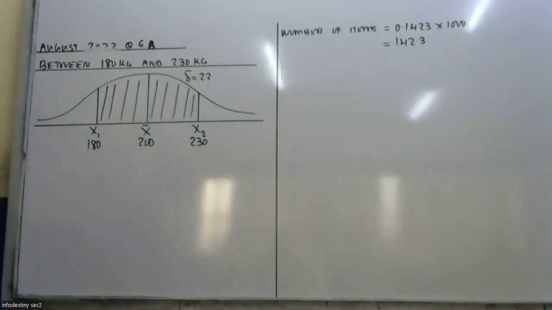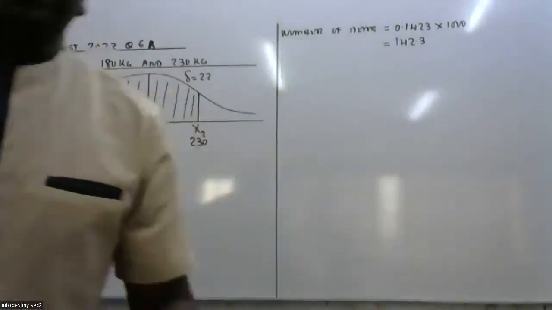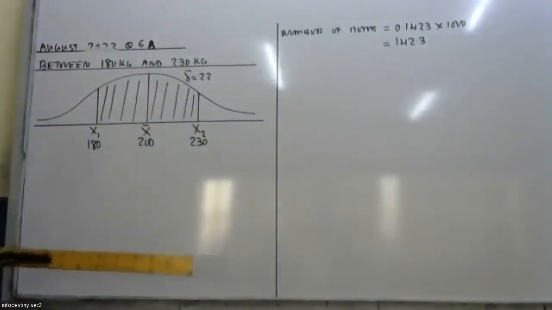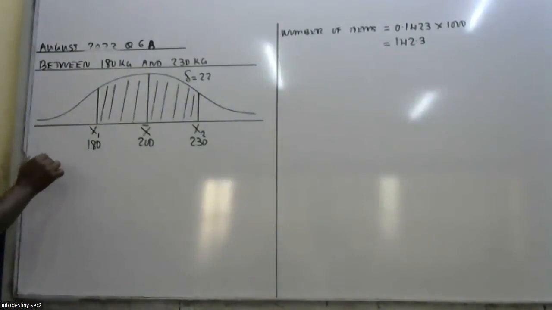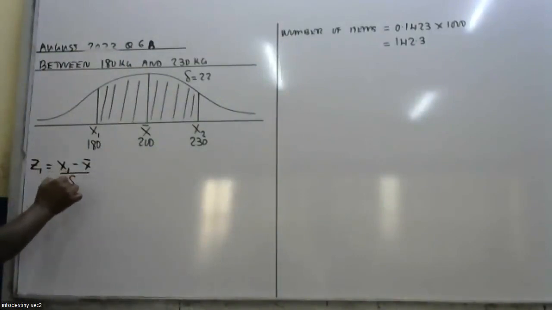We're through with the drawing. As usual, let's compute the value of Z1. So Z1 will be X1 minus X bar, you divide by standard deviation.